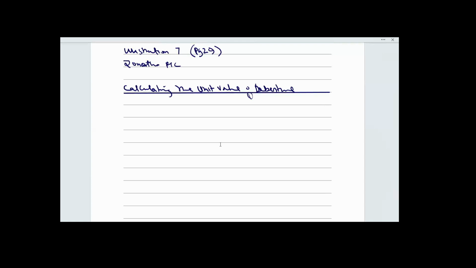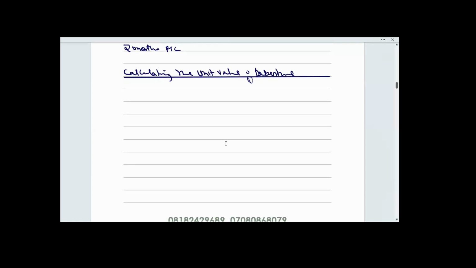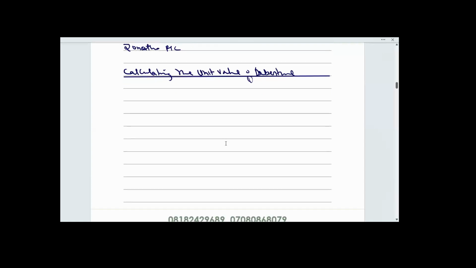But for the purpose of this question, let me just put it down for you. This one relates to debenture. So we have to calculate the market value of debenture.